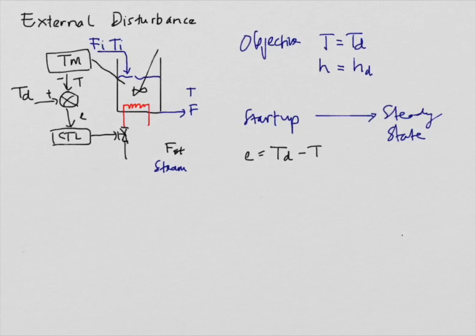When there is a disturbance in an input variable, in this case Fi or Ti, we can see this formula: the error is Tt minus T. In some condition, we get an error greater than 0.